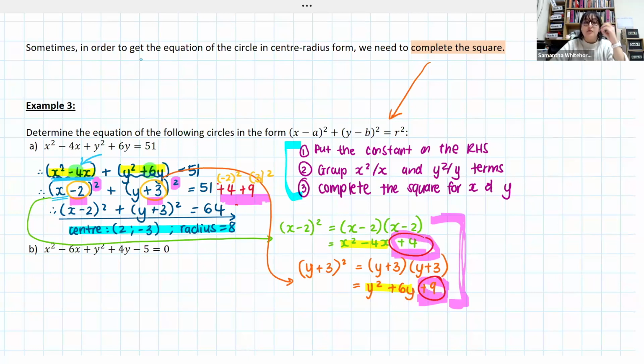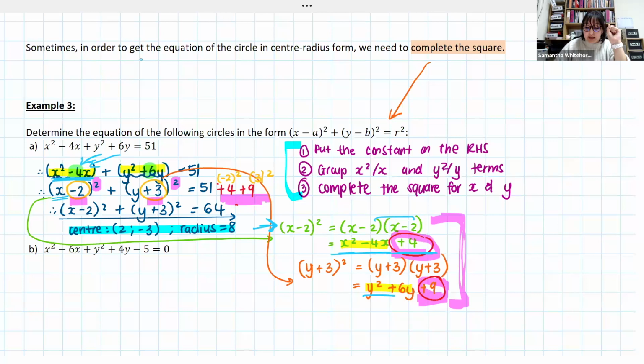So half of -4 is -2. But if I'm going to have a bracket of x minus 2 squared, so down here in the green, what I need to remember is that when I expand it, I do end up with that x squared minus 4x that I originally started with, but I'm adding another 4, and that's just from foiling. -2 times -2 is +4. So I'm adding a 4 on the left, which means I must add a 4 on the right.